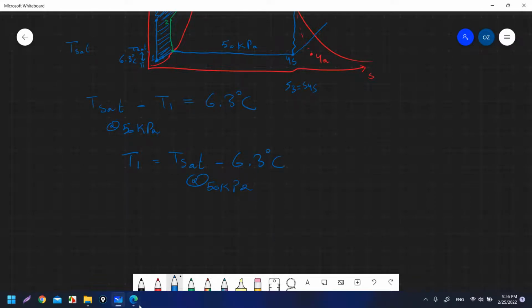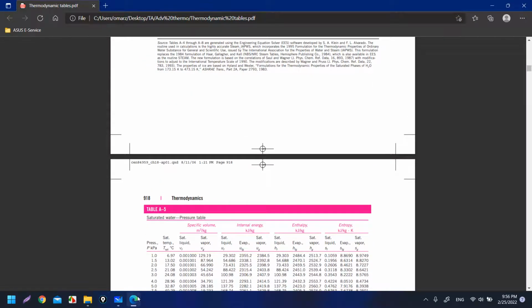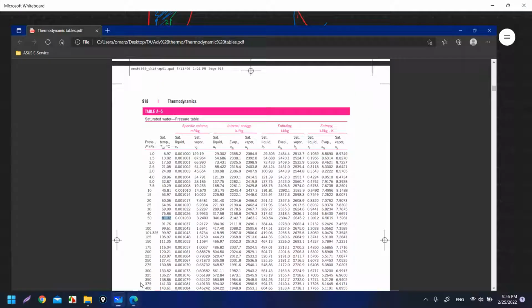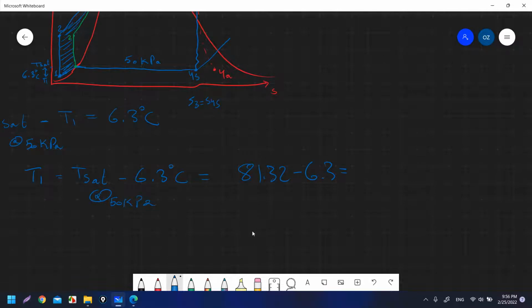So if I go for the pressure 50 kilopascal, this one, the saturation temperature is 81.32. So Tsat is 81.32 minus 6.3, which will give you 75.02 degrees Celsius, and this is T1.